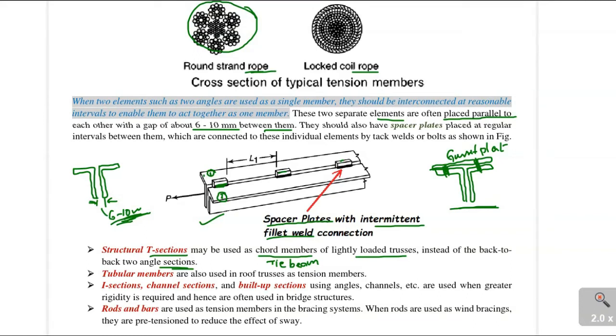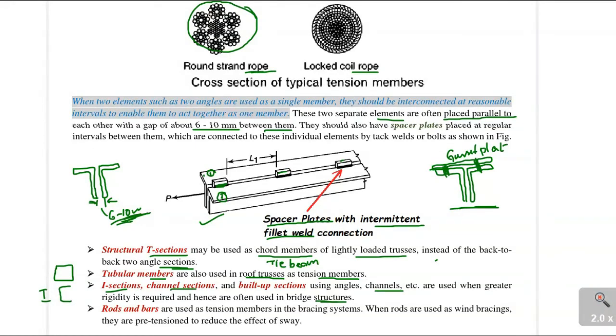And tubular members, this is a tube, are used in roof trusses as tension members. And I sections, channel sections, or C shape sections, or built up sections using angles, which we have seen earlier, or channel sections, are used when greater rigidity is required and hence are often used in bridge structures.